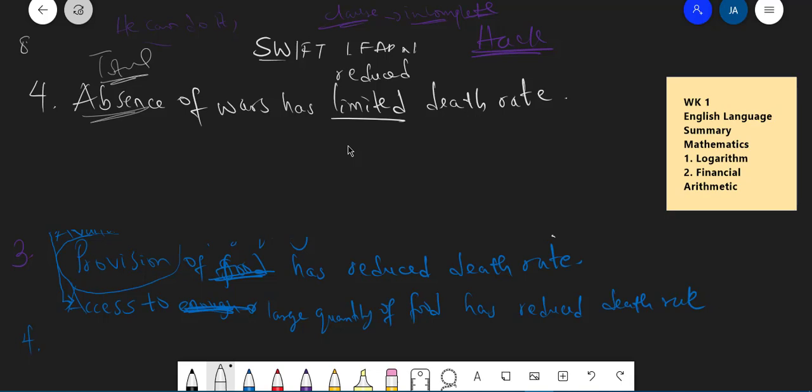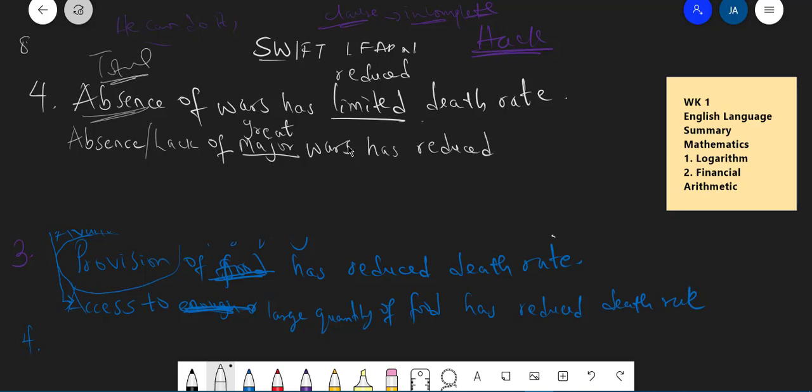Okay, let me use this word. For example, you can say, okay, absence. I'll use your same word, absence, or you can use the word lack of. Let me use the word major wars, or you can use the word great wars, as reduced.